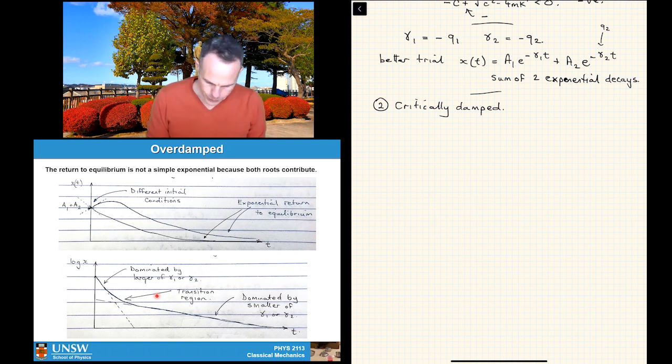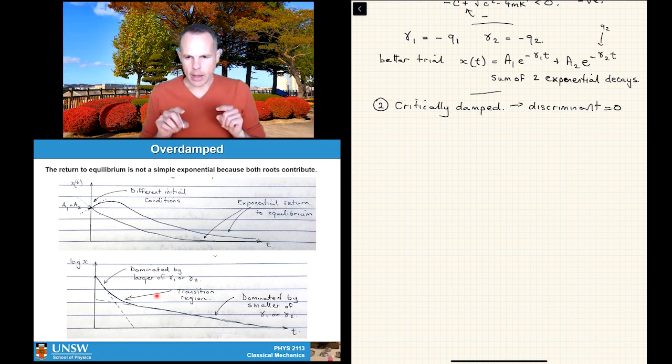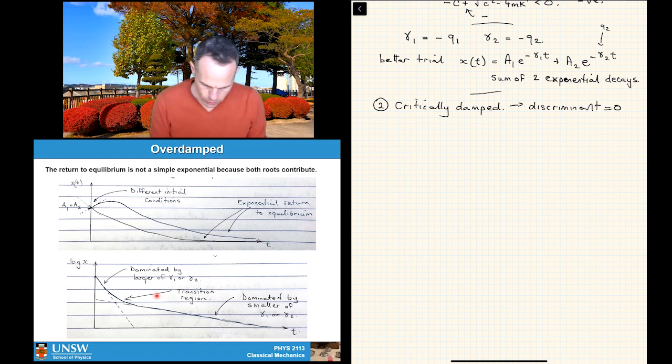What we know here is the discriminant we had before is equal to 0, and so the two roots we get are equal, and they both end up being negative. So q1 equals q2 equals minus c on 2m.